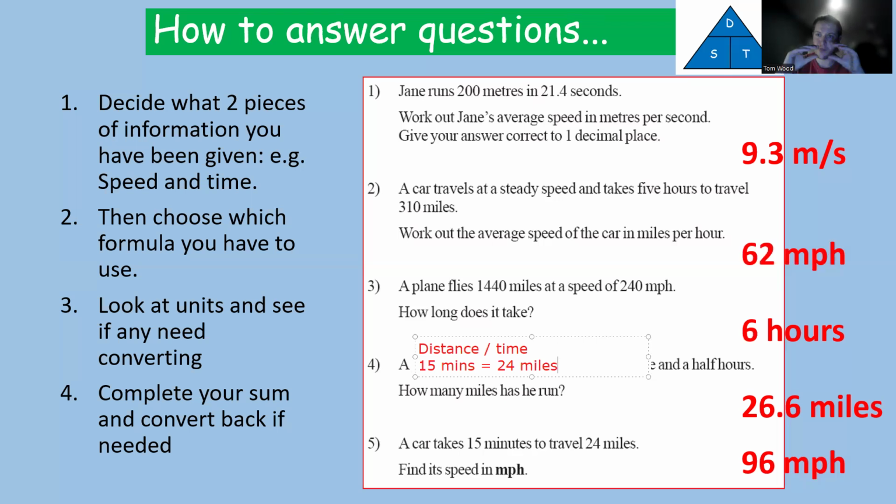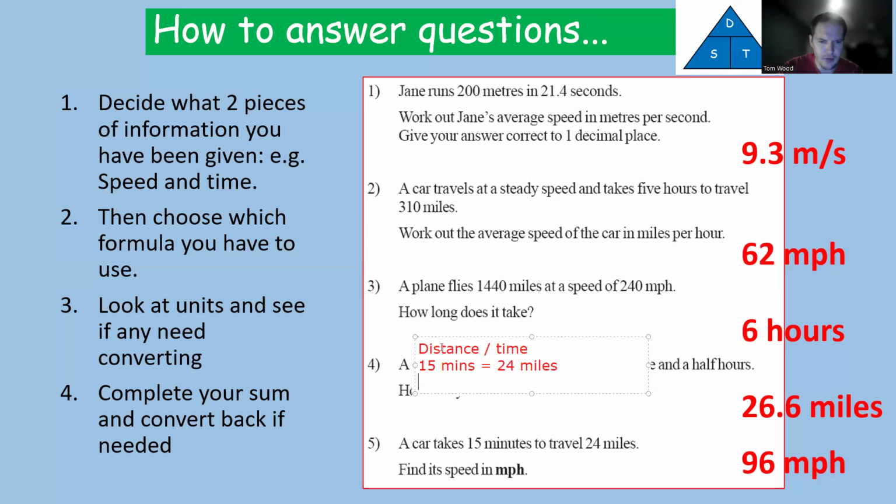This is a fact. These things are in direct proportion. What I could do, if I really wanted to, is divide by 15, and that would tell me how far the car travels in 1 minute. I could then multiply it by 60 because that's how many minutes are in an hour. So that's another way I could solve this.